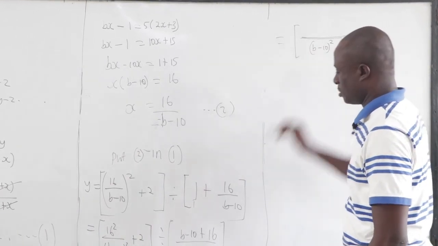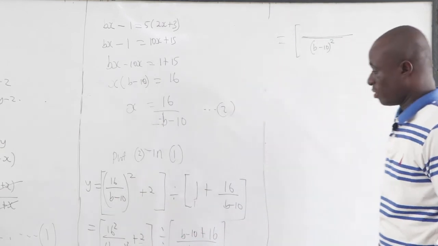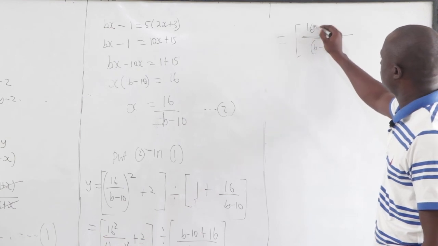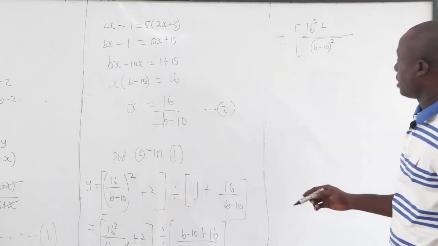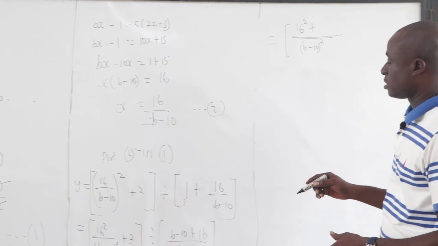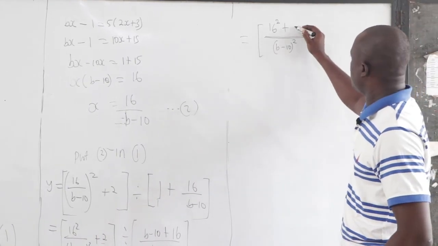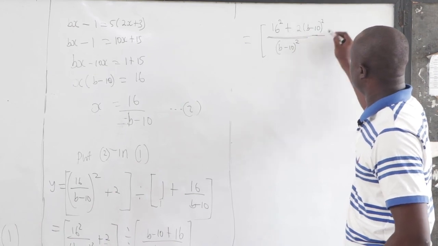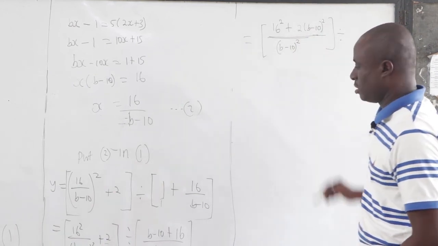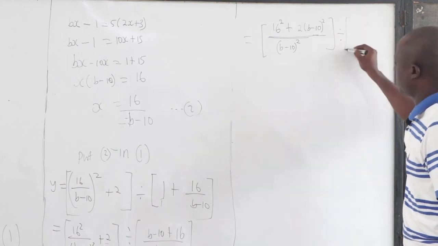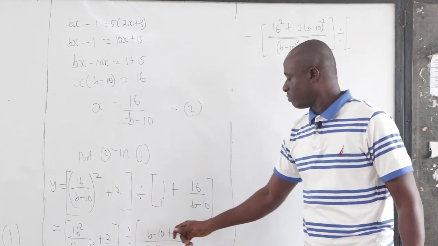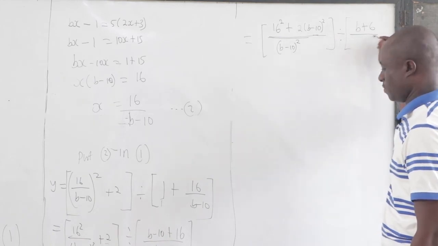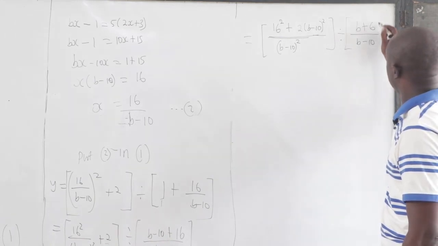But then the 2 is over 1, so (b minus 10) squared will cancel. So we have 16 squared plus 2(b minus 10) squared, this is the numerator, divided by, now looking at this, negative 10 plus 16, that is positive 6. So you have (b plus 6) all over (b minus 10).